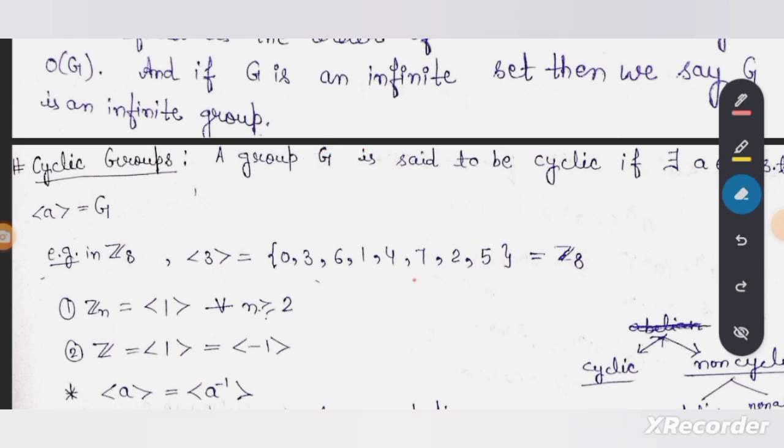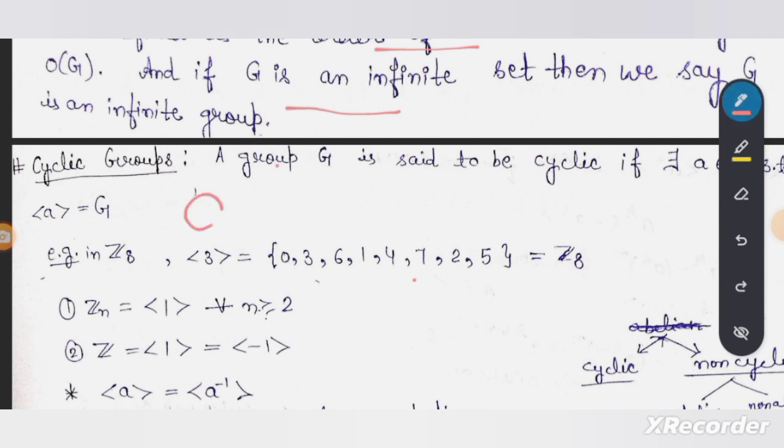Since we can calculate the order of the group, we can also calculate the order of an element. What is the order of an element? Let me give you the definition.